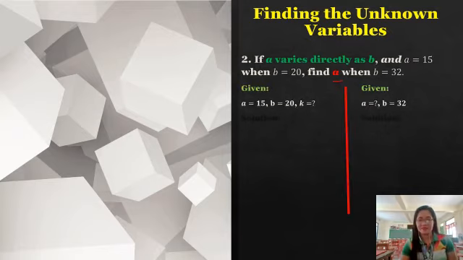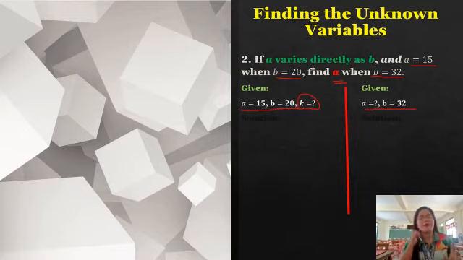In the first set, a is 15 and b is 20, and what we are looking for is the constant. For the second set, our a is unknown and the value of b is 32.